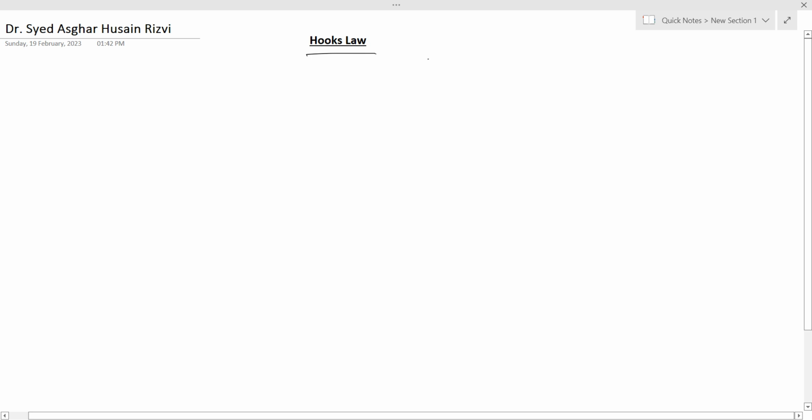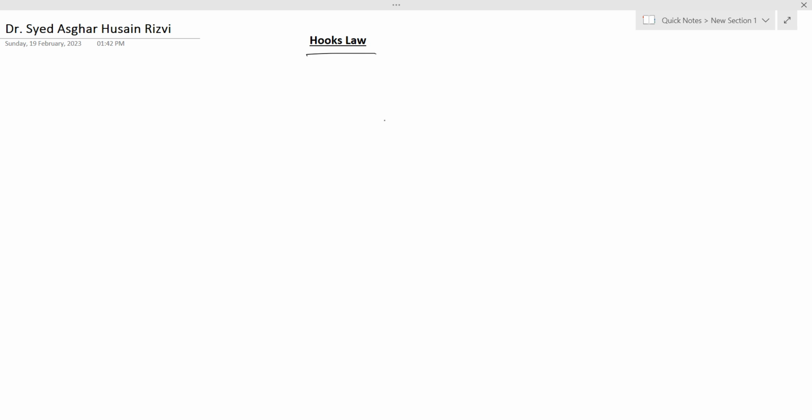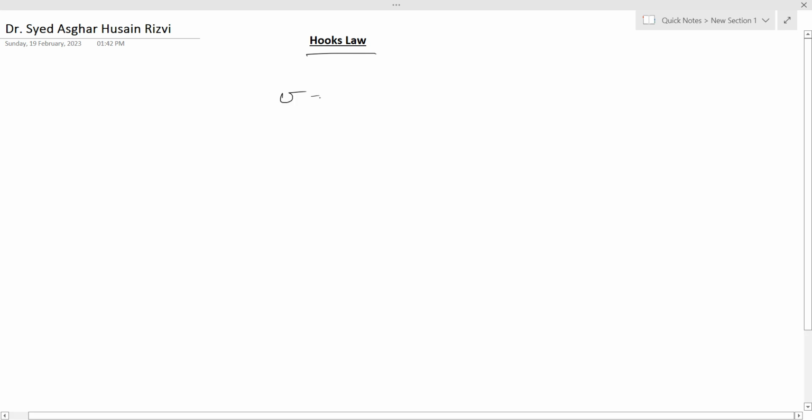So starting with Hooke's law, what is Hooke's law? Basically Hooke's law states that within the elastic limit, the stress is directly proportional to strain. Sigma is directly proportional to strain.